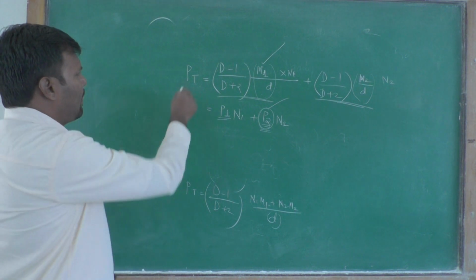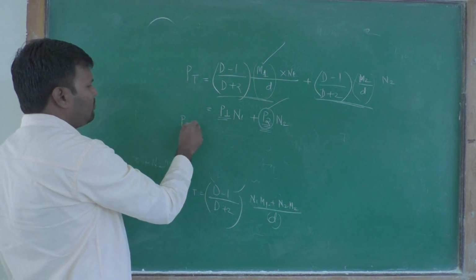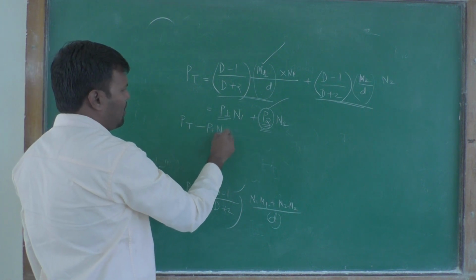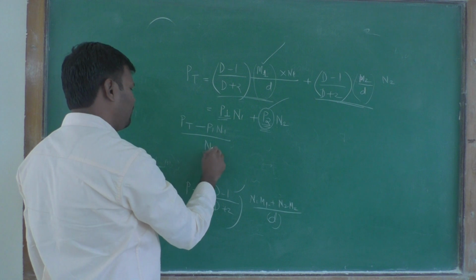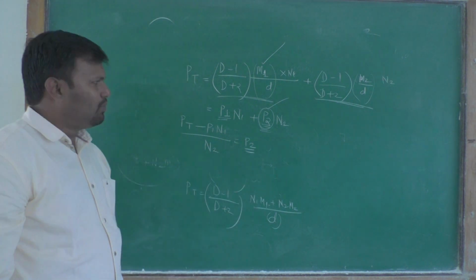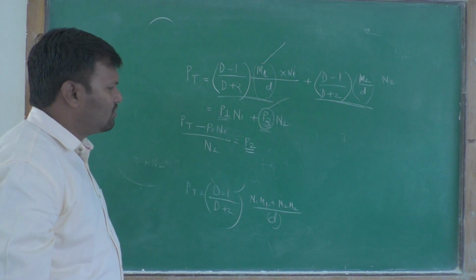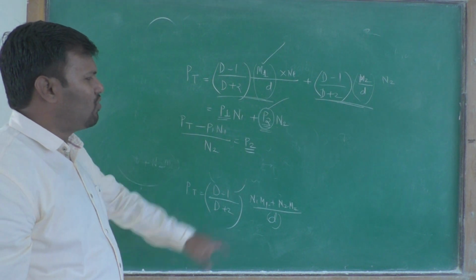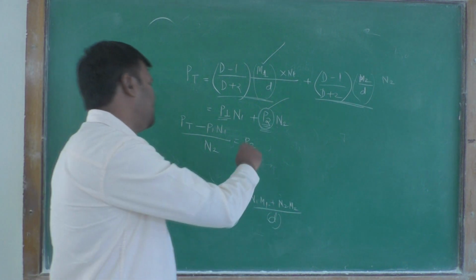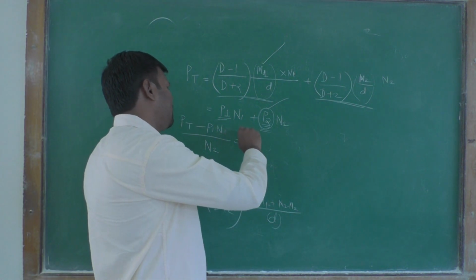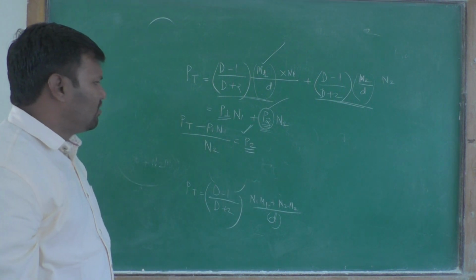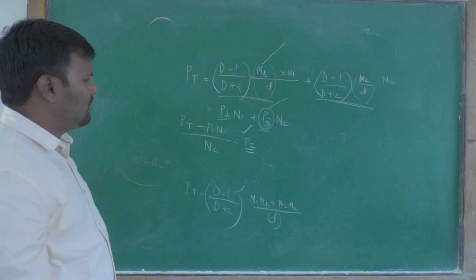Okay, therefore that is Pt minus P1 n1, upon n2, is equal to P2. That P2 is nothing but the polarization of the solid substance. Therefore we have found out the polarization of solid substances; the P2 value we have found.